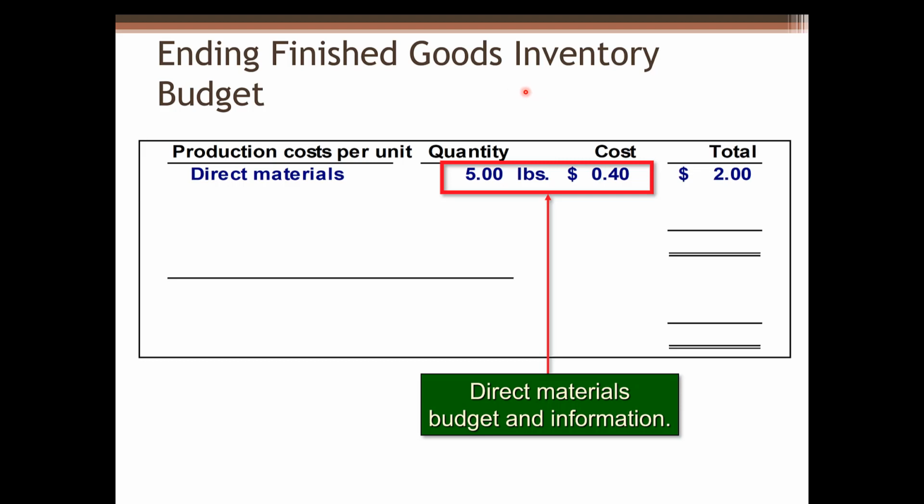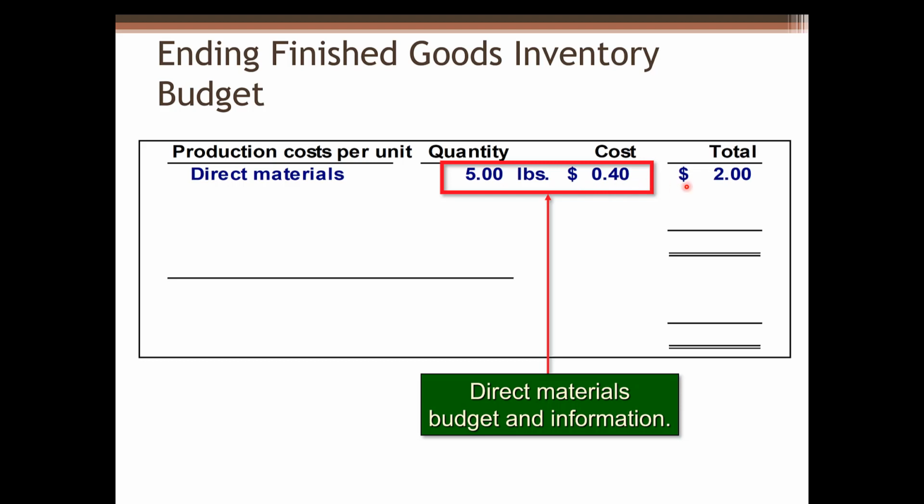Now we can prepare the ending finished goods inventory budget. We first calculate production costs per unit. Production costs include direct materials, direct labor, and manufacturing overhead. From the direct materials budget and information, we know each unit of a product requires 5 pounds, and each pound costs 40 cents.